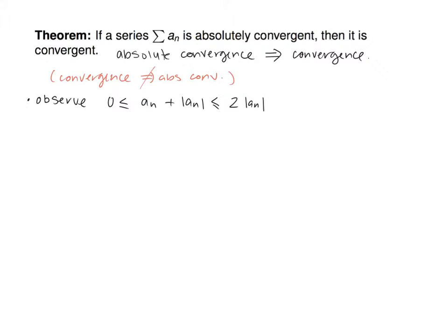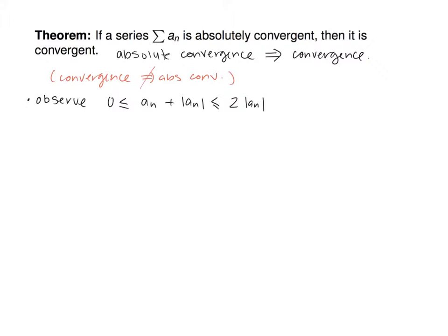Because one of two things happens. Either your a sub n was negative, in which case a sub n plus its absolute value makes 0. And if a sub n is positive, a sub n plus its absolute value will make 2 times a sub n, or 2 times the absolute value, no big diff, right?